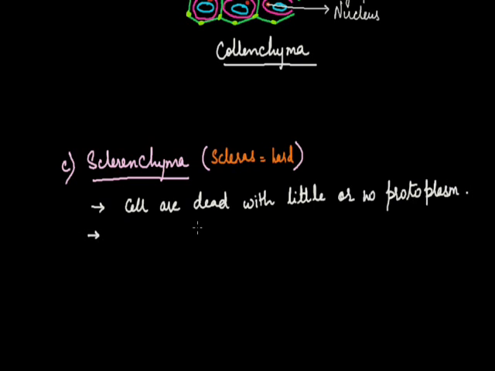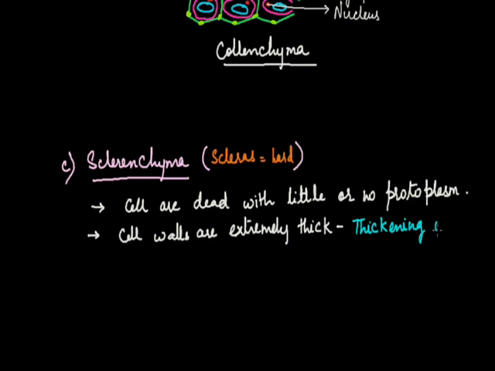Their cell walls are extremely thick, and the thickening is of lignin. In contrast to collenchymatous tissue, the thickening in sclerenchymatous cells is of lignin, and this thickening is present throughout the cell wall and not at specific corners, as in collenchyma where the thickening was present only at the corners of the cell wall.